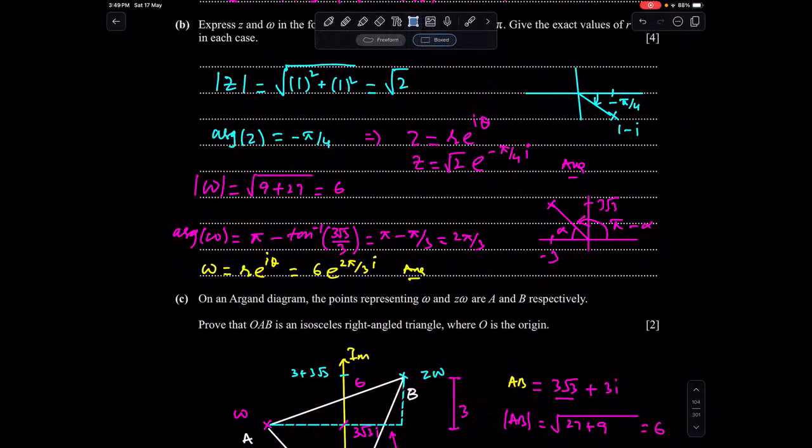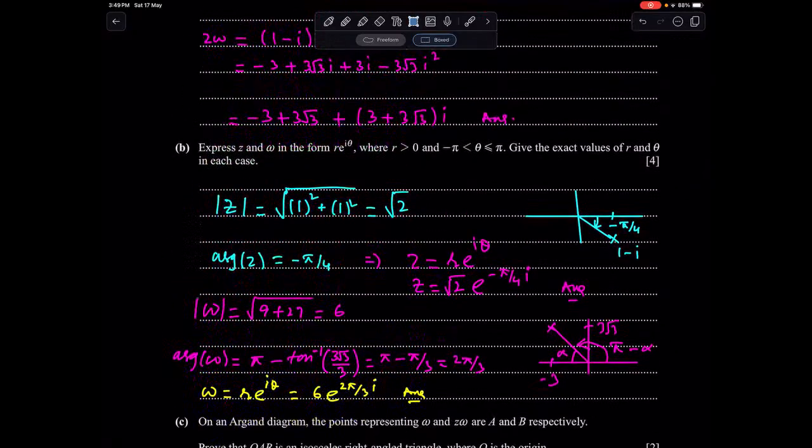If you observe z omega carefully, you will see that both numbers are here, this and this.